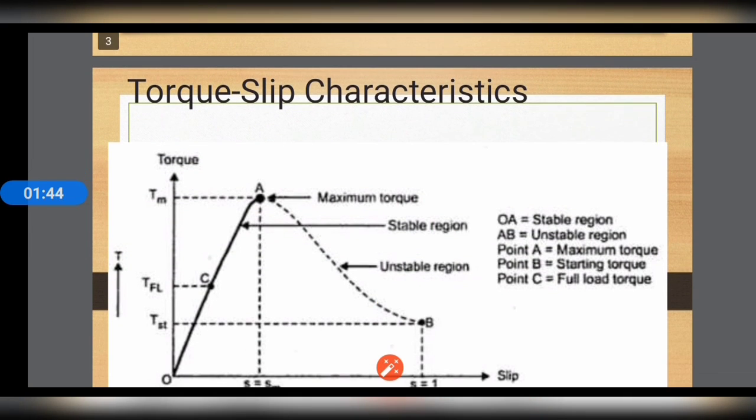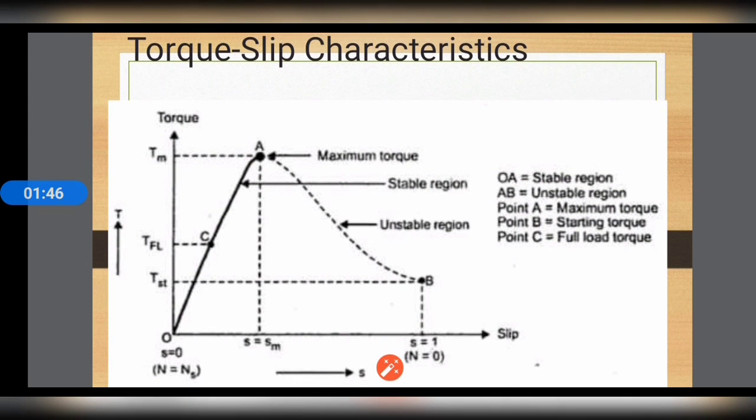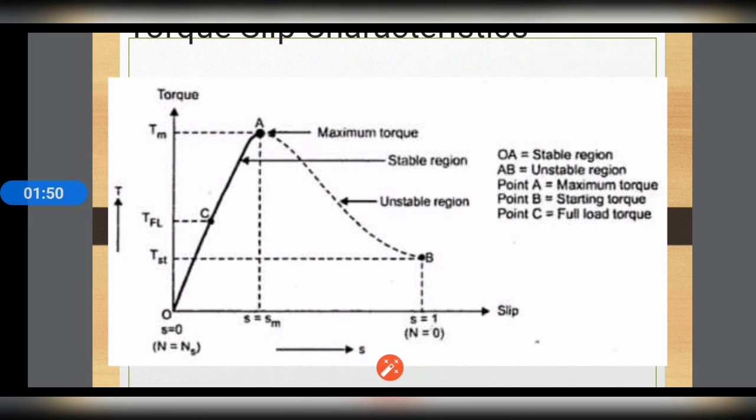Basically, the torque slip or torque speed characteristic, we can say both, takes this kind of shape where we have divided the curve into regions. One is the stable region, the other is the unstable region, and the point A denoted here shows the maximum torque.